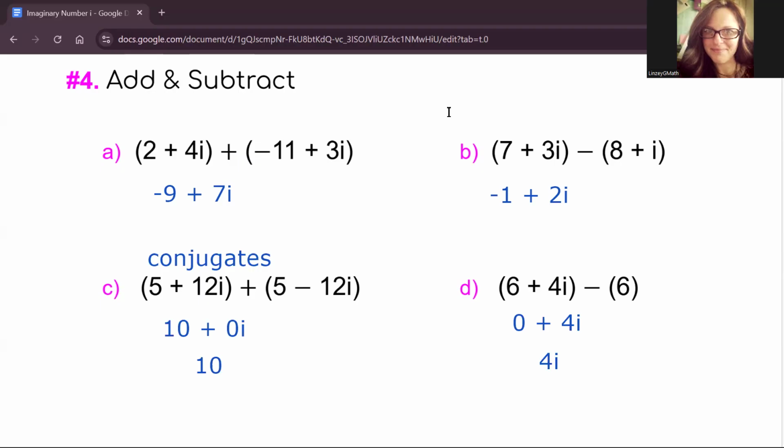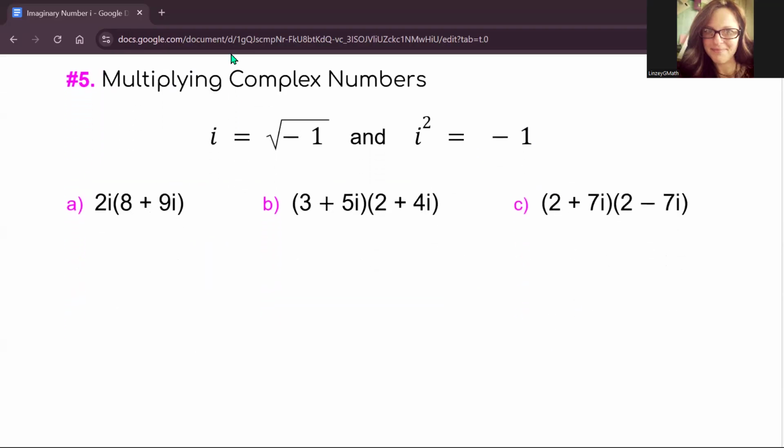Next, after adding and subtracting, we will multiply complex numbers. And i squared is equal to negative 1 is going to be very useful. Letter A. We'll distribute 2i into the parentheses, multiplying, and we get 16i plus 18i squared.